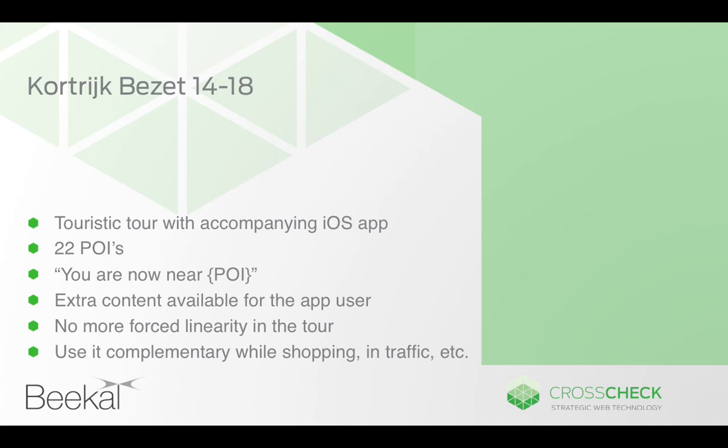So they came up with a touristic tour where 22 information panels placed throughout the city were to inform people. Every information panel had a strong story about the role of Kortrijk and the happenings with Kortrijkzanen during World War I.